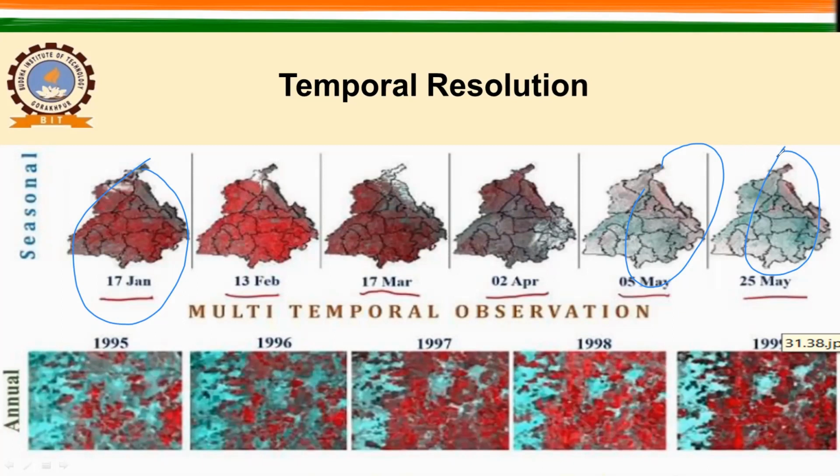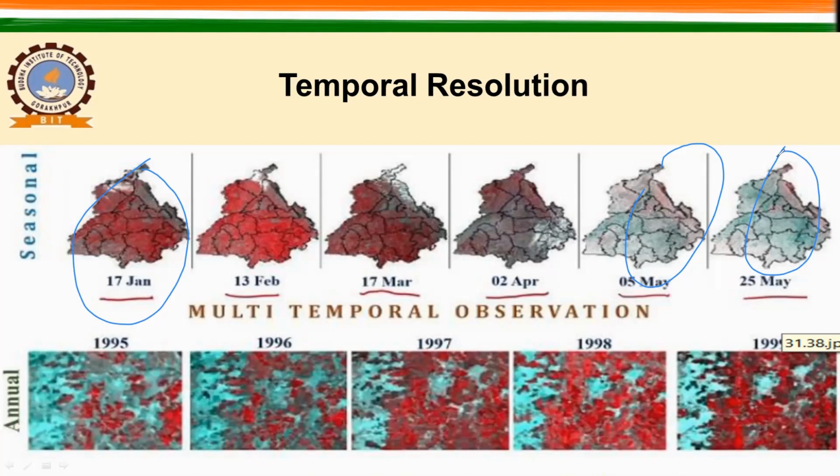Now, in the next example, you have annual changes. Here you can see the years 1995, 1996, 1997, 1998, and 1999.